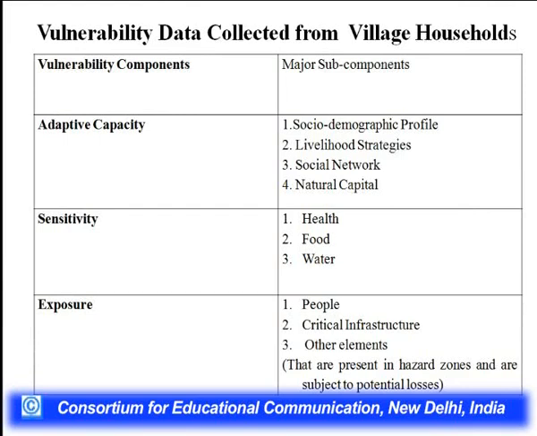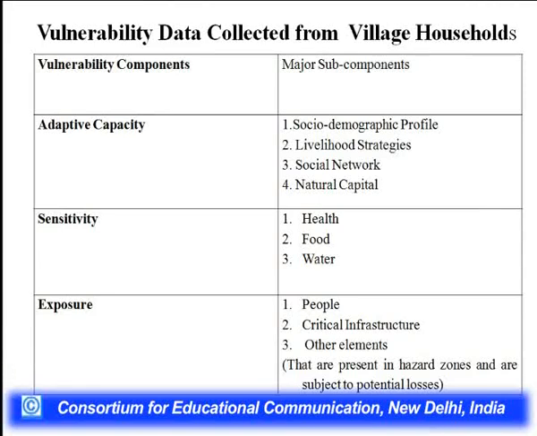So here I would like to tell you about a very important vulnerability assessment collected from village households. I think policy makers should focus on the panchayat level. The vulnerability components I have taken, with major subcomponents like adaptive capacity, socio-demographic profile of the people, livelihood strategy, social network, natural capital. Then we can also do sensitivity analysis. And for what sensitivity?